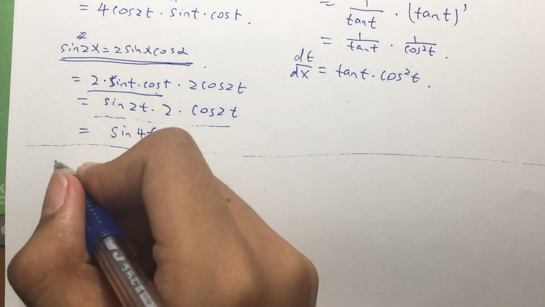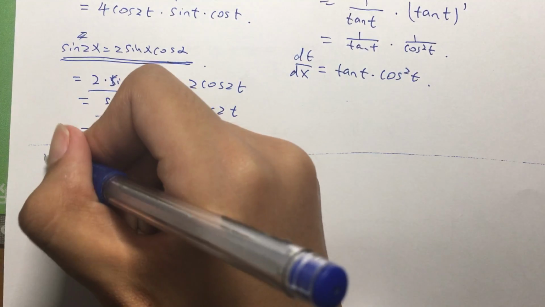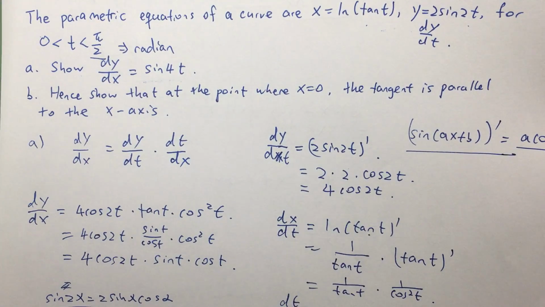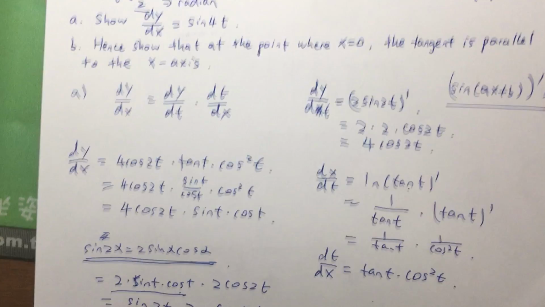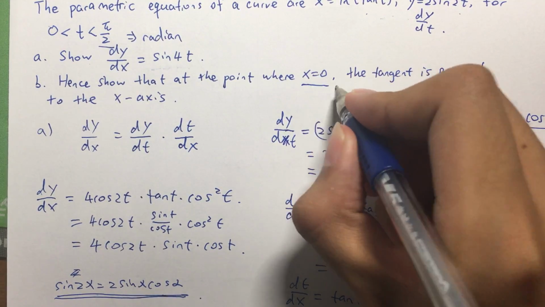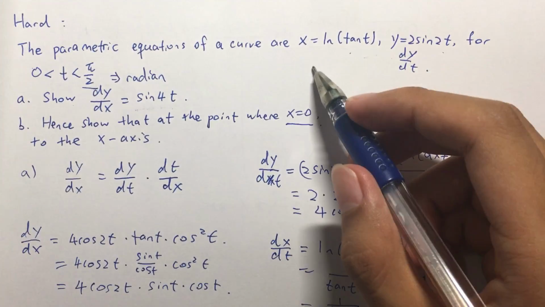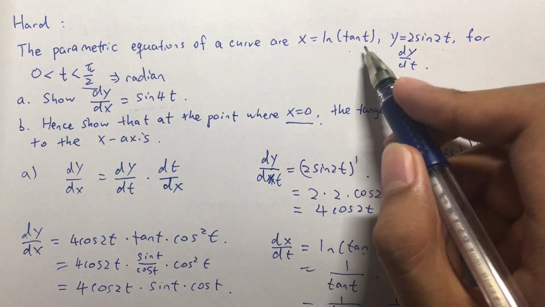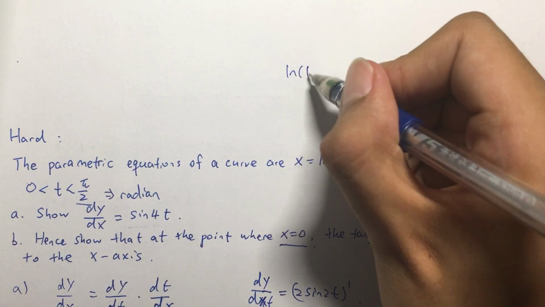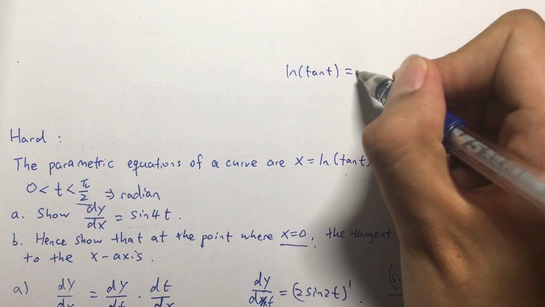So now let's do part B. What is part B? Hence show that at the point where x equals 0, the tangent is parallel to the x-axis. The question has mentioned that x is equal to 0. Here we have x equals ln tan t, which means ln tan t is equal to 0 now.